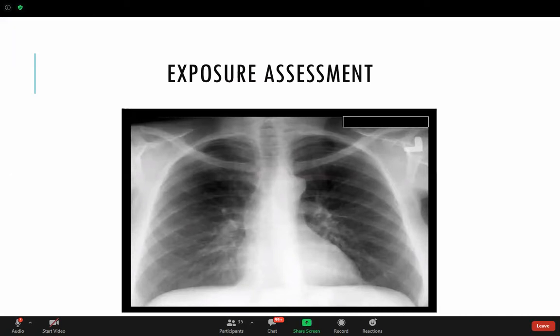Compare it with clinical signs? Not really. Image quality, yes, one of the determinants of image quality is assessing the exposure. So the question is, how can we assess the exposure so we can determine the image quality? Body position has nothing to do with it.